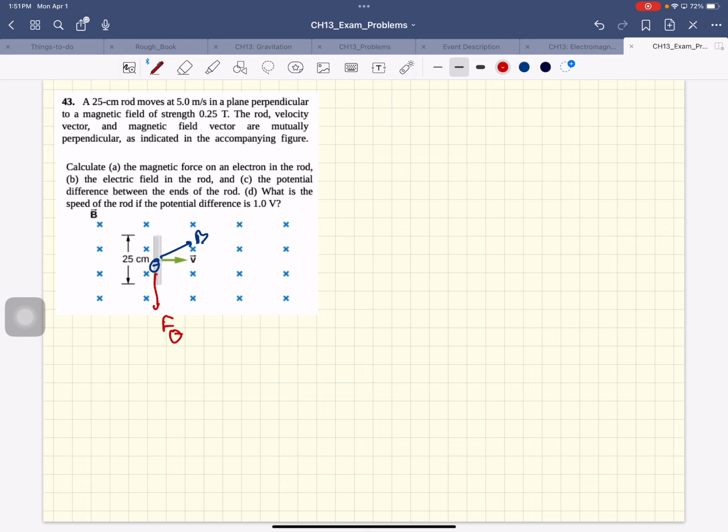And what would be the force? The force on the electron would be QVB. So the magnitude of the force involves the charge of the electron.